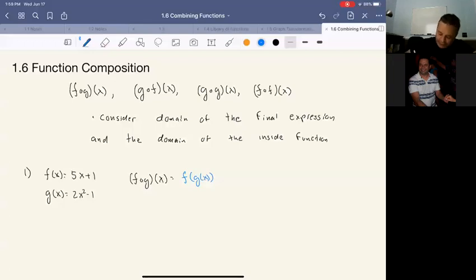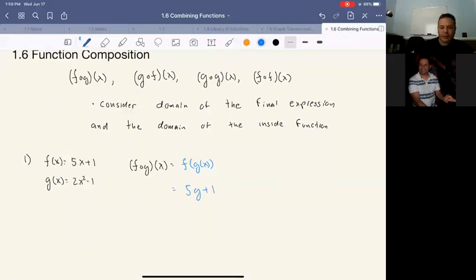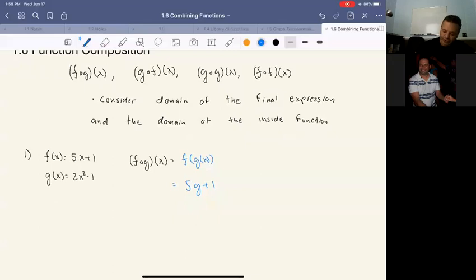So we could write that as, well, what's f again? F is 5x plus 1. So we're going to write this as 5g plus 1. And what's g? G is 2x squared minus 1. So wherever we see that g, we're going to replace it by 2x squared minus 1.